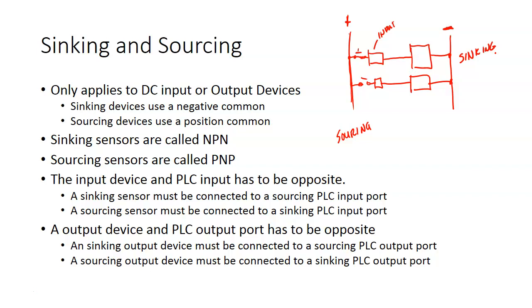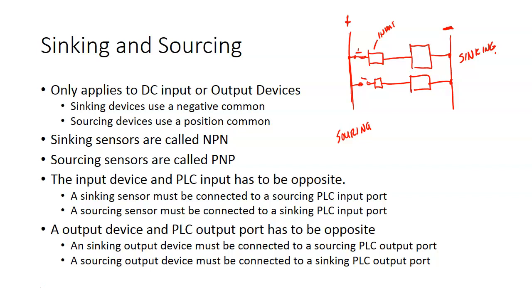All our input devices on all the PLCs on the Amatrol line are sourcing, so that means the PLCs have to be syncing. We run into the same thing on our outputs. If our PLCs are sourcing outputs, they're using a positive common on the outputs, so the output devices have to be syncing.